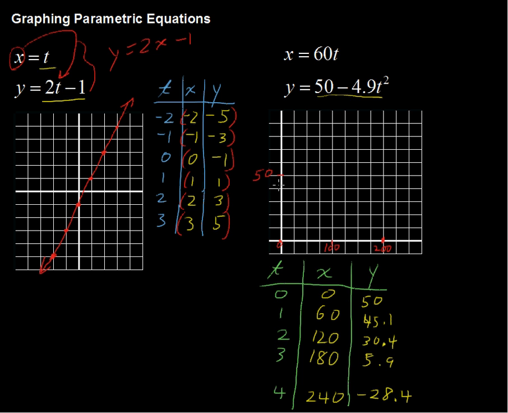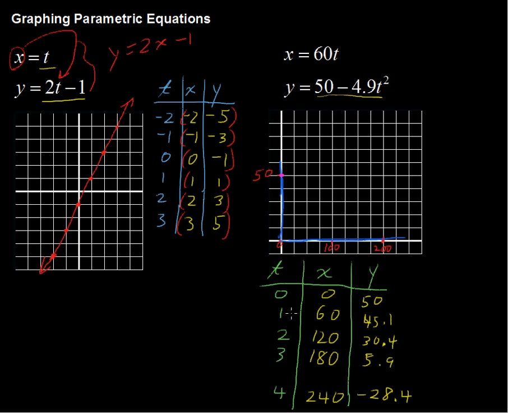Okay, so this ball is being thrown. Let me give some nice axes here. And at time t equals 0, we have x is 0. The ball has gone nowhere in the x direction yet.